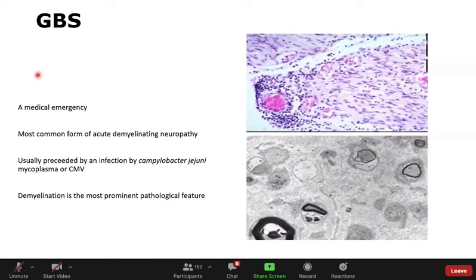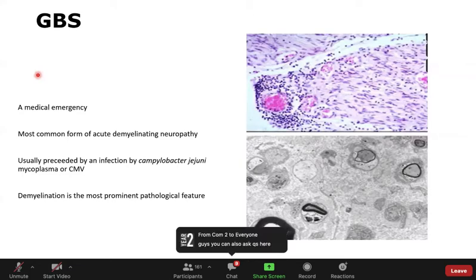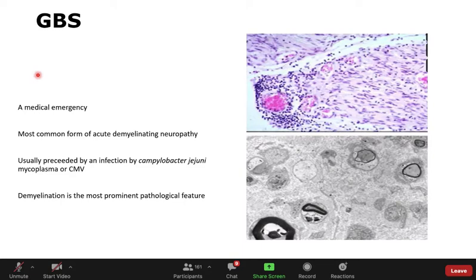Right. So molecular mimicry is a big theory of autoimmunity. There are a couple of theories for autoimmunity, and this is one of them. In this case, usually it is in the form of an infection. That pathogen has antigens that are similar to antigens that are present in the self, in the body.